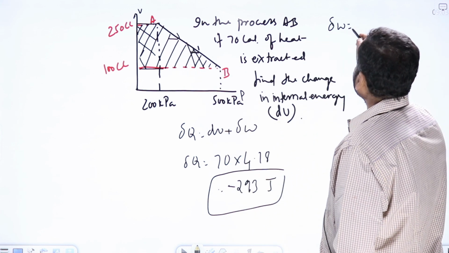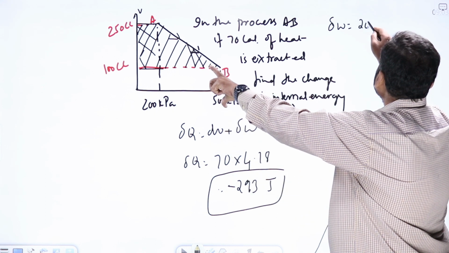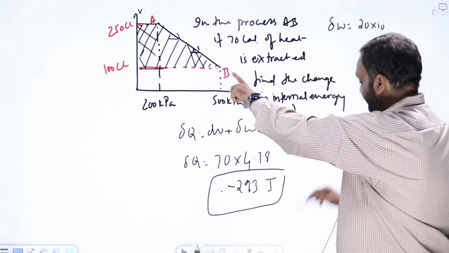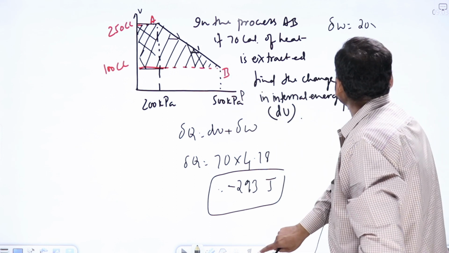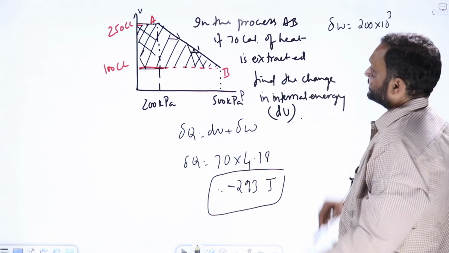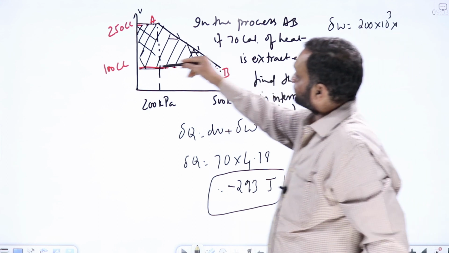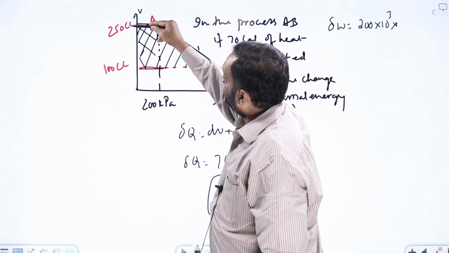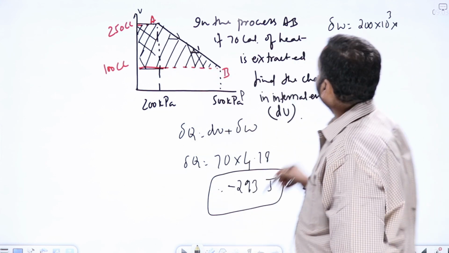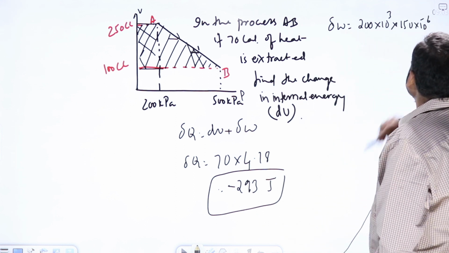For the rectangular part it is length into breadth. Length is nothing but 200 kilopascal. Kilo means 10 to the power 3, pascal is Newton per meter square, into breadth, which is this height, 250 minus 100, it is 150 cc. 150 cc means 10 to the power minus 6 meter cube.